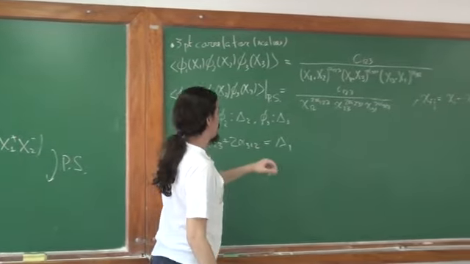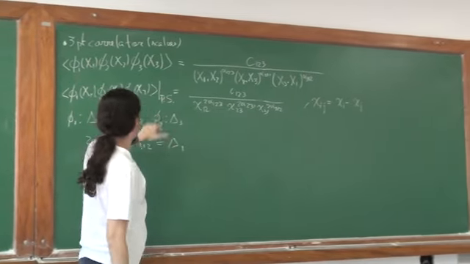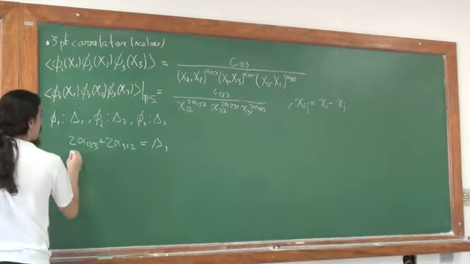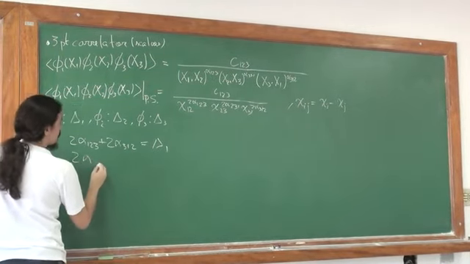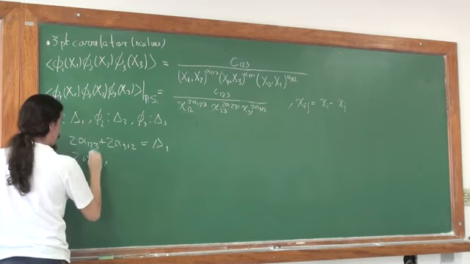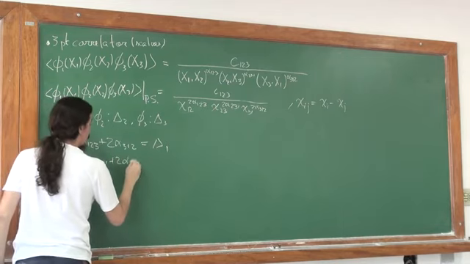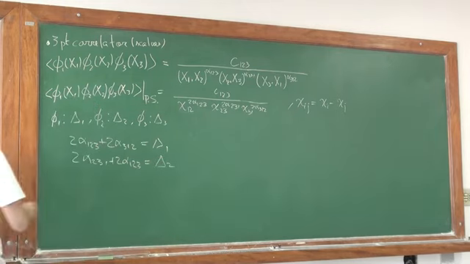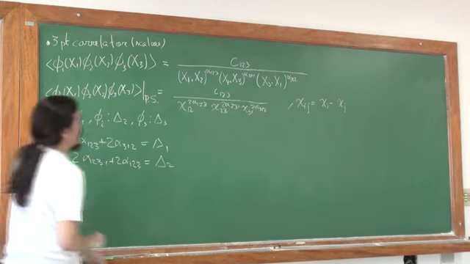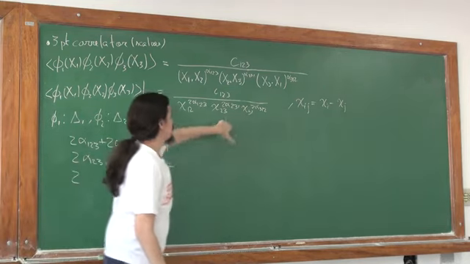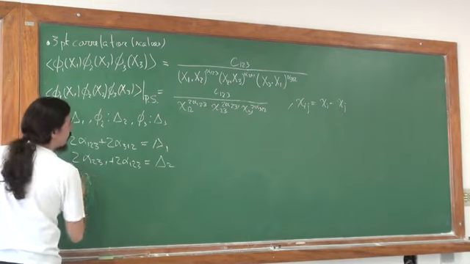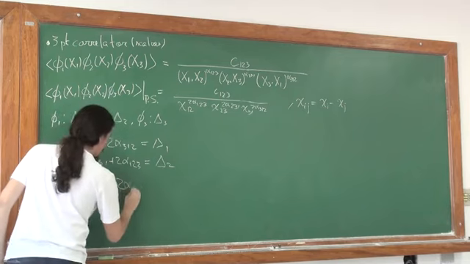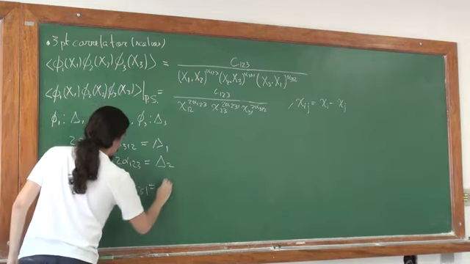Then I do this for x2 and x3. So for x2 I have 2 alpha 2, 3, 1 plus 2 alpha 1, 2, 3 equals delta 2, and then for x3 I have this and this, so it is 2 alpha 3, 1, 2 plus 2 alpha 2, 3, 1 equals delta 3.